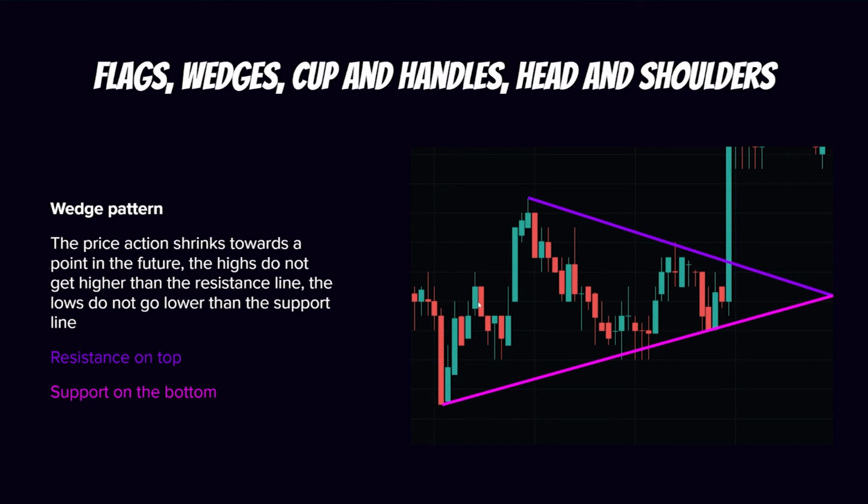Whereas there can be other wedges where, for example, the support is flat and the descending resistance is steeper, or several differences. Sometimes they get different names, like pendant, but basically they are all wedges in some way or another.